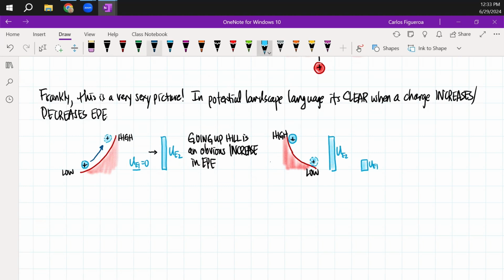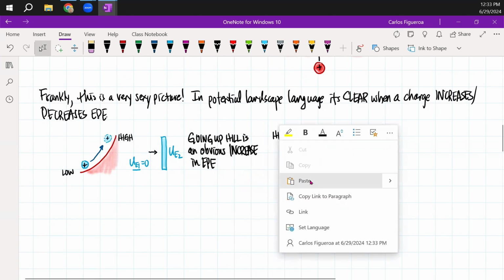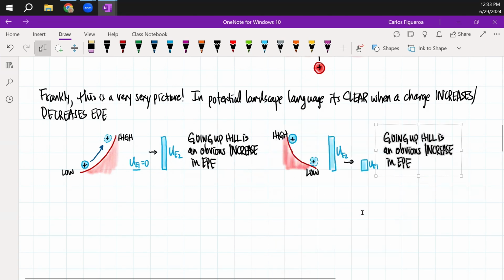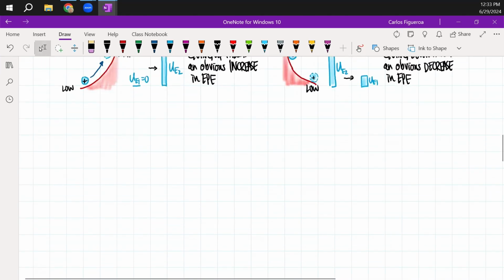It's exactly like this guy right here. The only difference is that instead of going uphill, we're now going downhill. It's obvious that because it's going downhill, it decreased potential energy. So that's the pictures of the positive landscape with the positive charge.